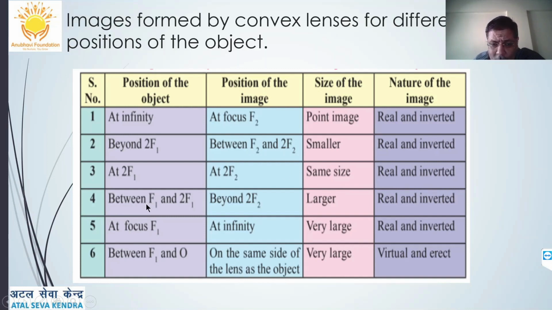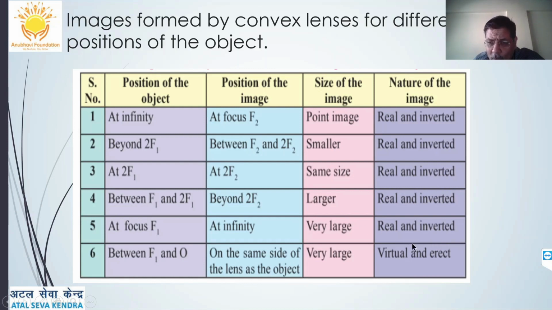If the object is between f1 and 2f1, then the position of the image is beyond 2f2, which is larger than the object. It is real and inverted. If the object is at f1, the image is formed at infinity, very large but real and inverted.